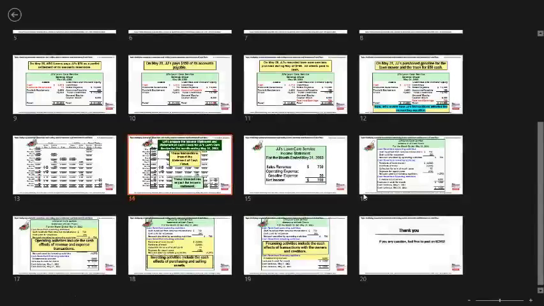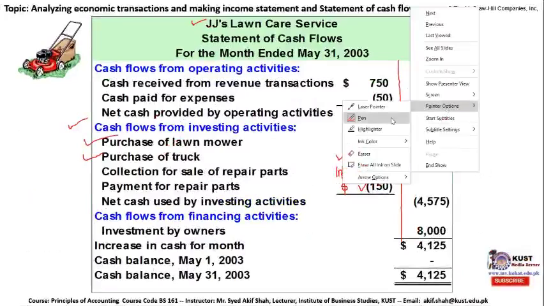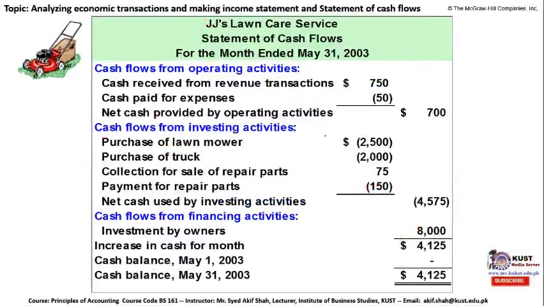Let's move forward towards our cash flow statement. Here, after inserting the relevant data into the appropriate section, we have to sum all the values. This represents a negative value, a positive value, and then a negative value.